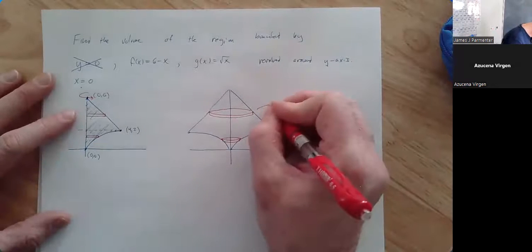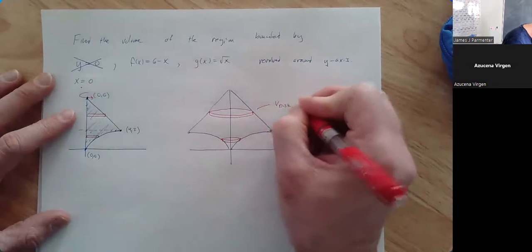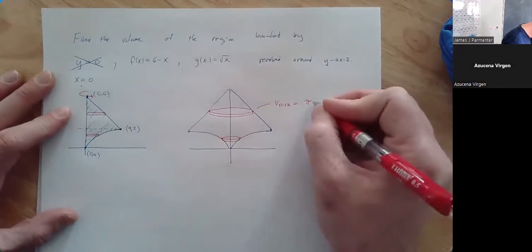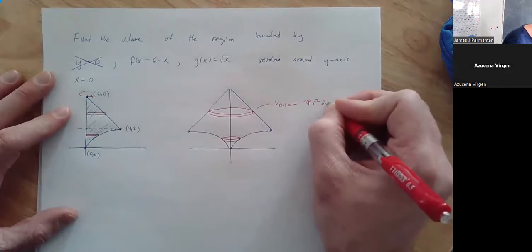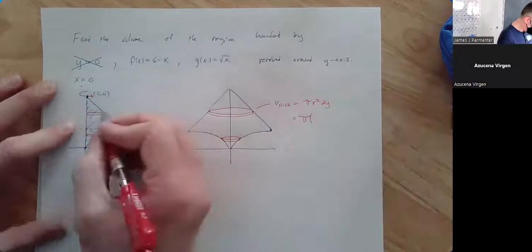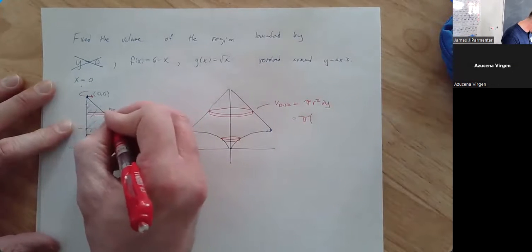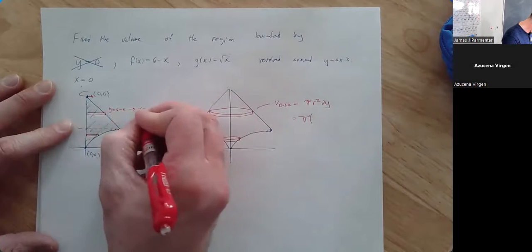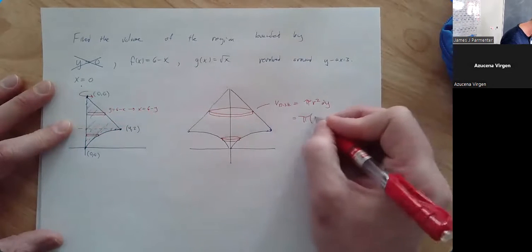So the volume of that disk is pi times the radius squared times the thickness, which is dy. And the radius is, well, that function is y equals 6 minus x, which becomes x equals 6 minus y. That's my radius.